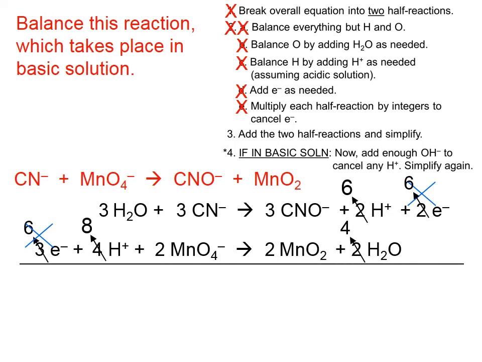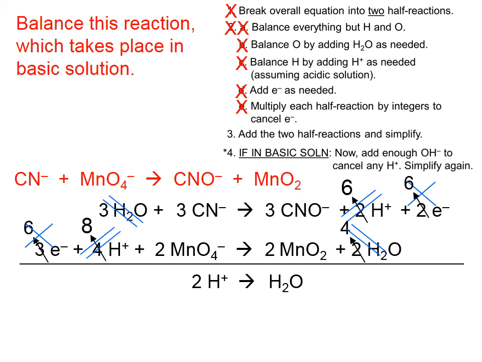Add the 2 half reactions and simplify. So let's see what we have here. It looks like we've got 3 waters on the reactant side, and then we have 4 waters on the product side. That leaves us with a net of 1 water on the product side. Similarly, we have 8 hydrogen ions on the reactant side and 6 hydrogen ions on the product side.